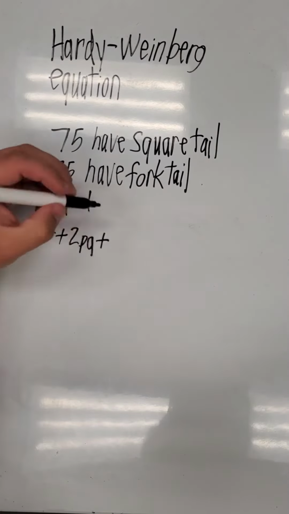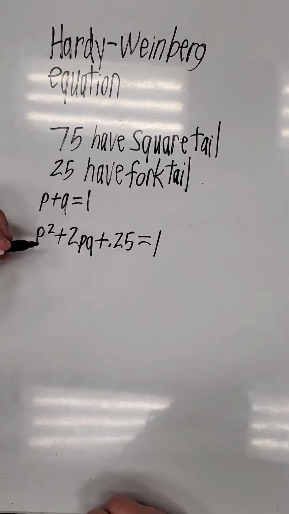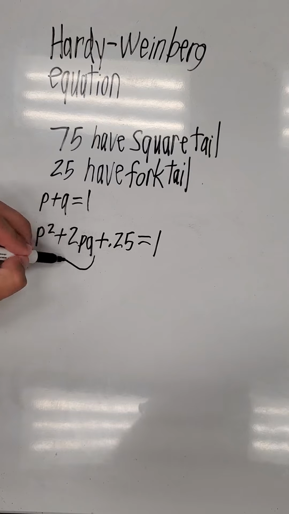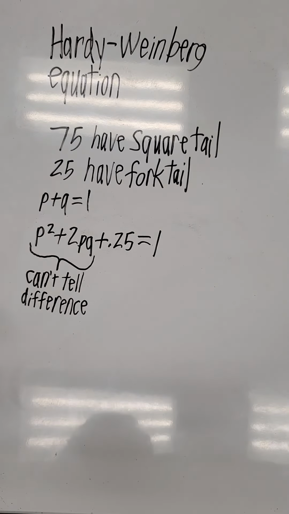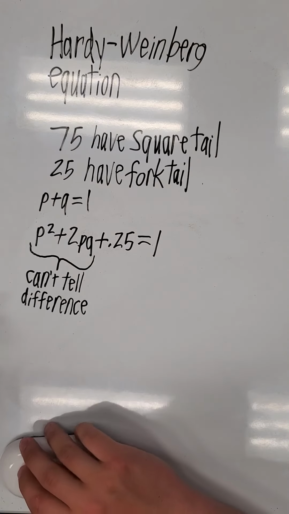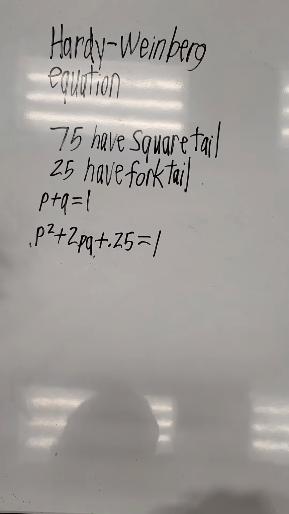Why? Because we do not know how many of the fish fit into the homozygous dominant and how many into the heterozygous. So we know the frequency of the genotype Q squared, which would be 0.25.